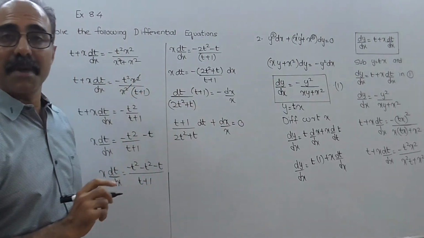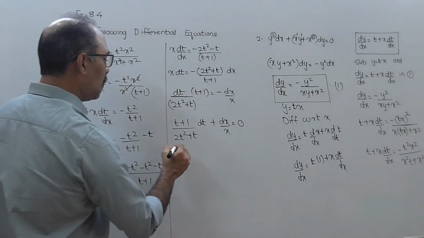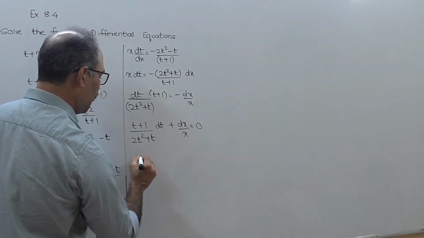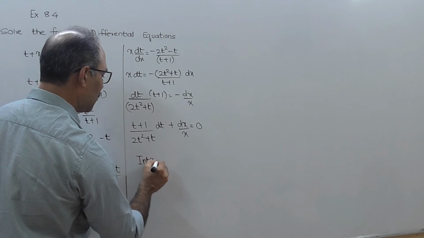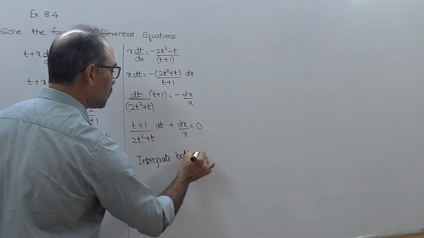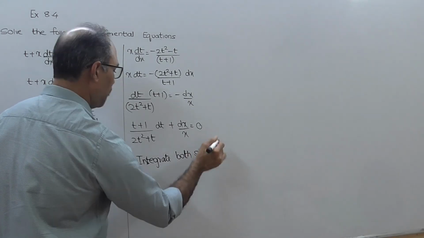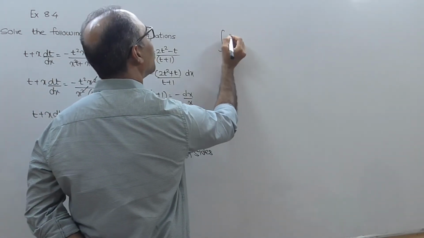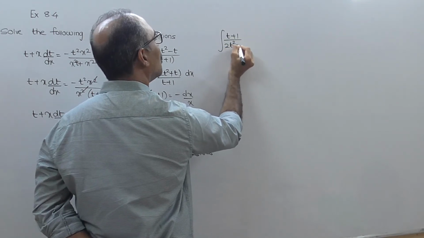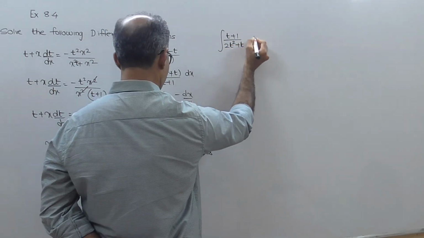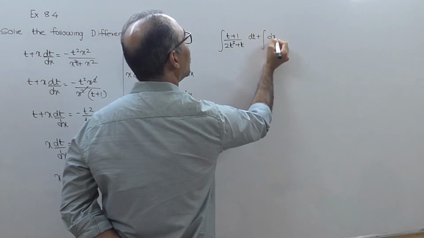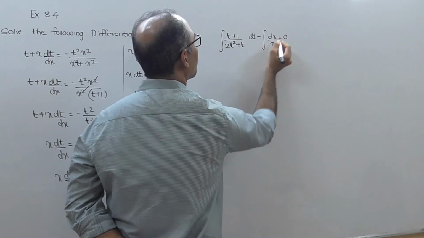Now your entire grouping concept is over. Now the only option that you have is to integrate both sides. If I integrate both sides, I get integration t plus 1 upon 2t square plus t dt plus integration dx upon x, and that is equal to 0.